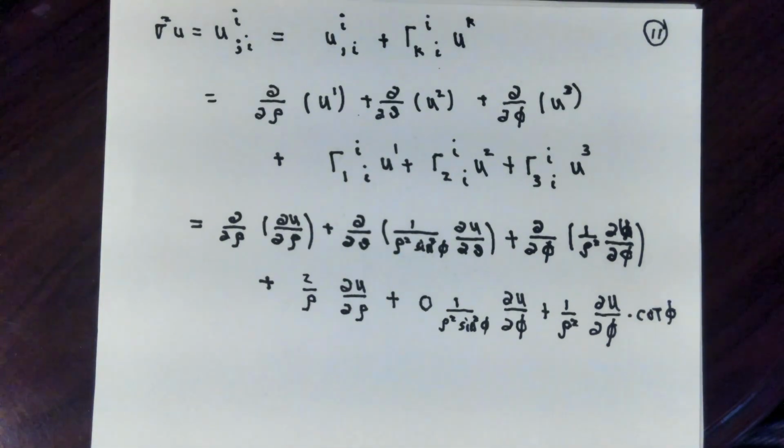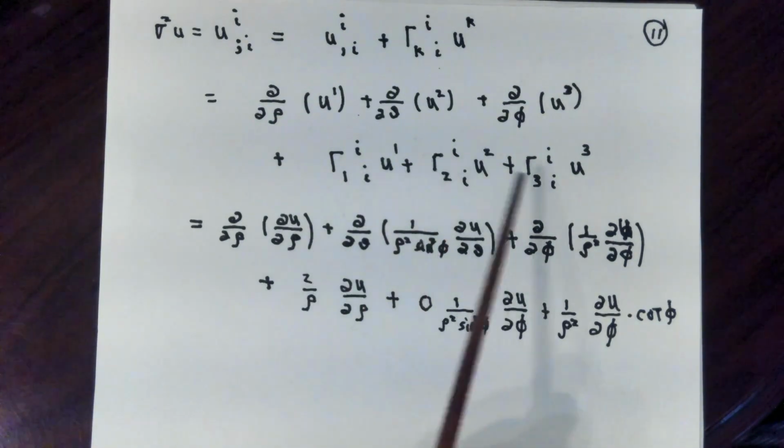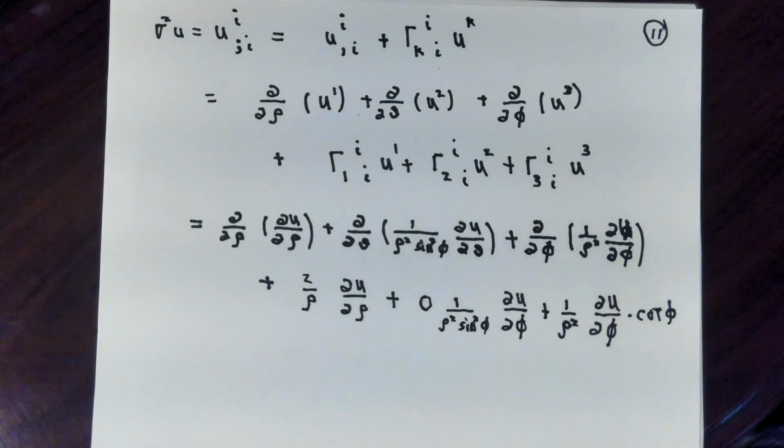We have already figured out that quantity, and that quantity. u with an index upstairs is the same as g^{ij} u_j downstairs.